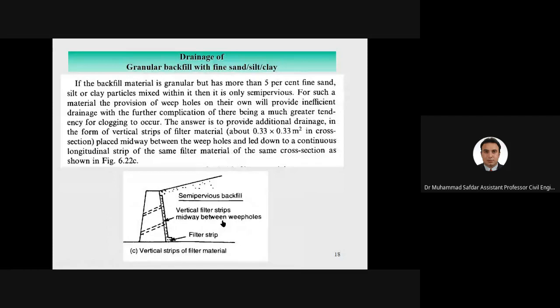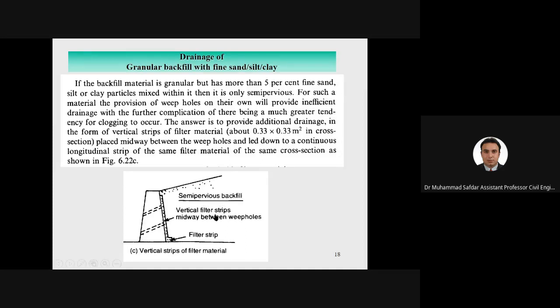There are other methods available like filter strips. Vertical filter strips are also provided. If we are given a semi-pervious backfill material, for example, if we have a higher amount of fine content which will reduce the permeability of the backfill material, it's better to provide the vertical filter strips midway between the weep holes.